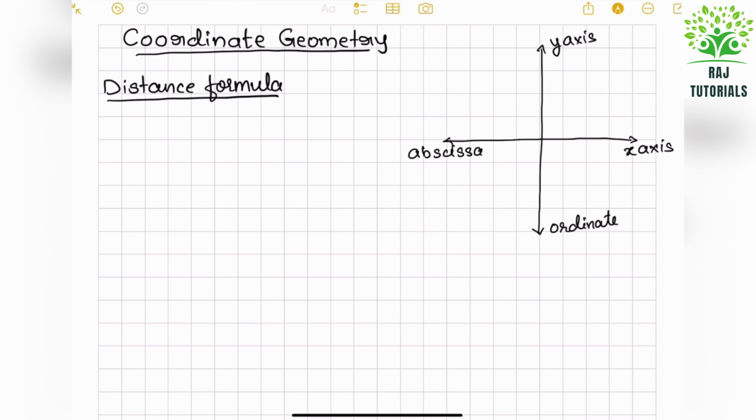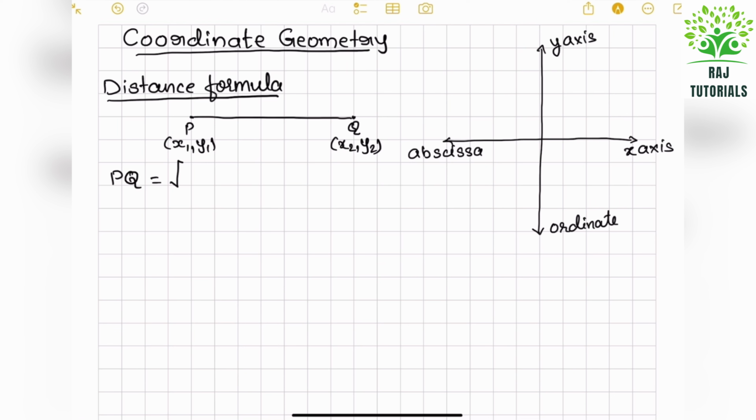Distance formula, as it says by the name, distance, to find the distance between any 2 points. Suppose this is a point P and this is a point Q. It can be anywhere on the graph in any shape. So I will have two coordinates for them, x1, y1, x2, y2.